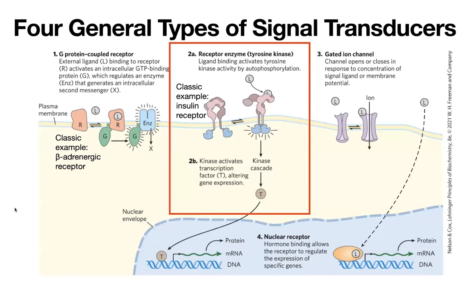So now let's talk about our second main type of receptor protein signal transduction machines, RTKs, or receptor tyrosine kinases. In the case of our G protein coupled receptor, remember what our receptor was? It was that seven transmembrane protein that was not an enzyme itself, but it was attached to an enzyme.